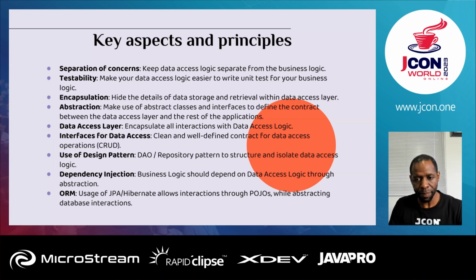So your business logic shouldn't even care about what's going in. They shouldn't care about what's happening inside your data store. All it cares about is an abstract of the data access that it needs, and then also encapsulate your ORM.